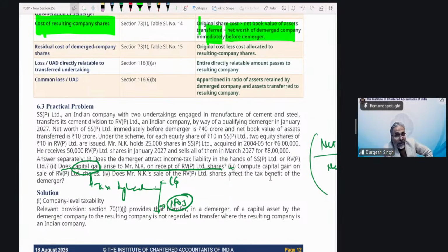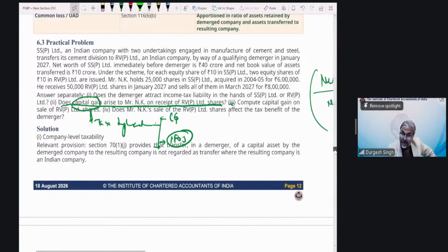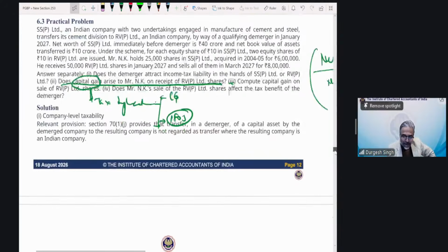Why is it important? If you take only the split period, chances are you may end up with a short-term capital gain under the period of holding concept. And if you combine the period, you may get a long-term capital asset because the period of holding crosses the threshold limit. Students, what is your take on that? Should I combine or should I just ignore it? Should I just take the resulting company period? Think and then answer me.